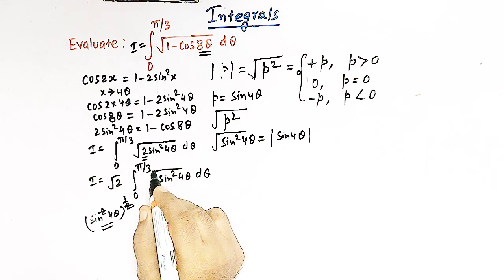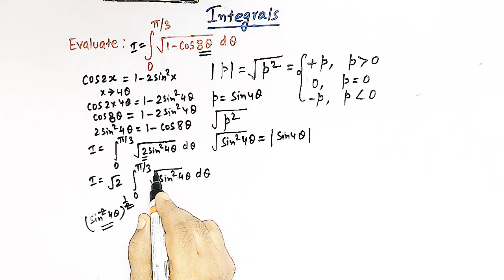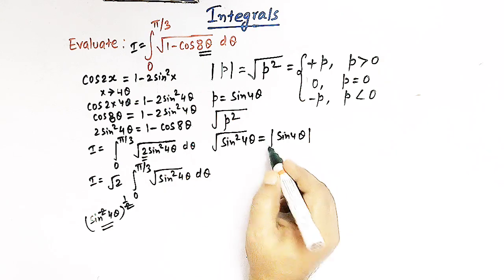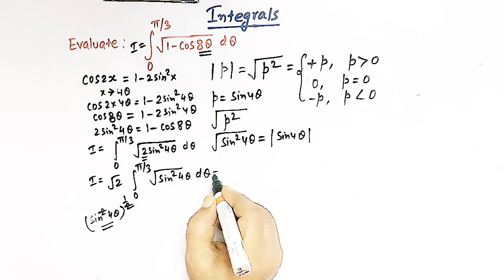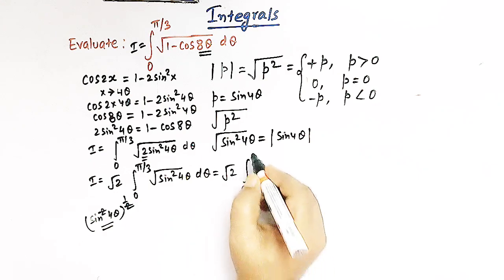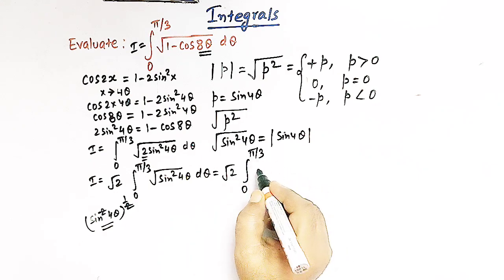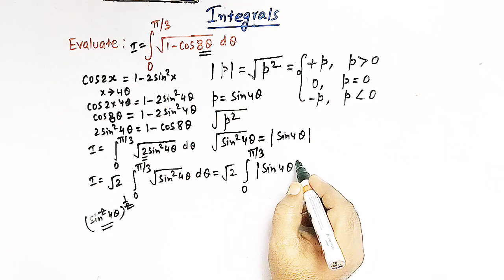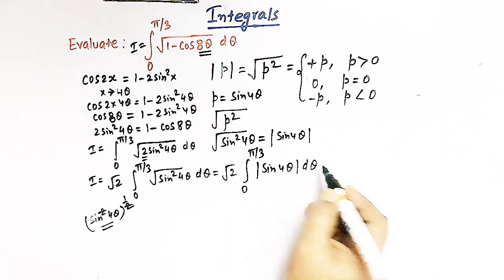So the second step is to replace it with mod of sine 4 theta. Now we have square root of 2, the limits from 0 to pi by 3, mod of sine 4 theta d theta.